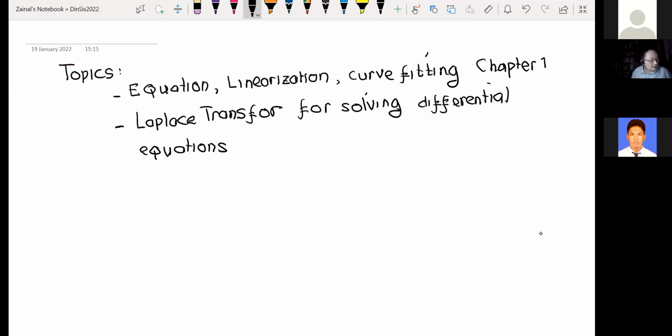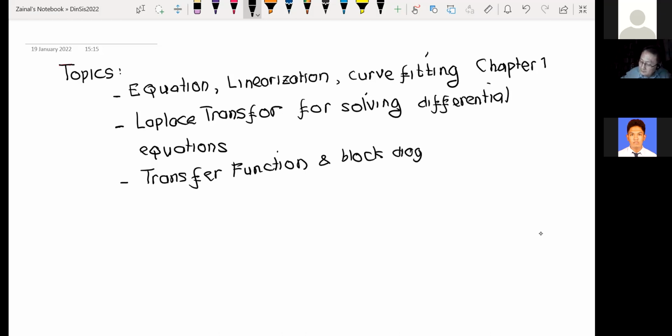Okay, and then transfer function. Okay, and block diagram simplification.